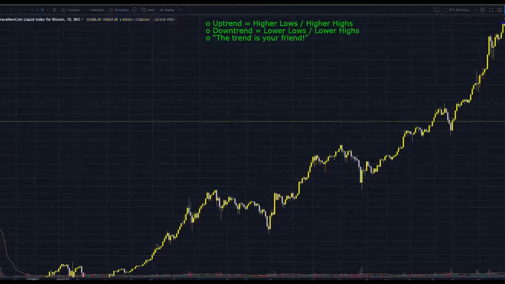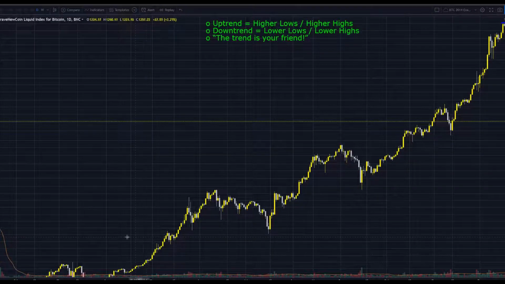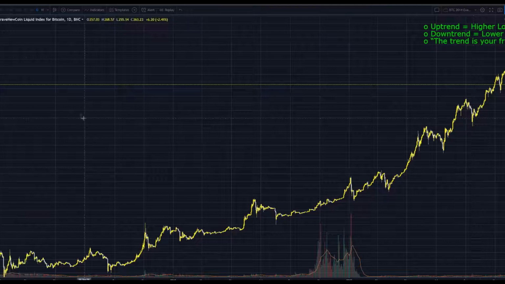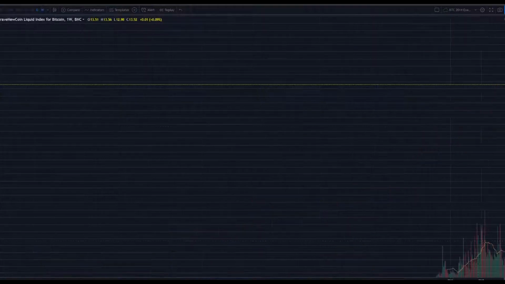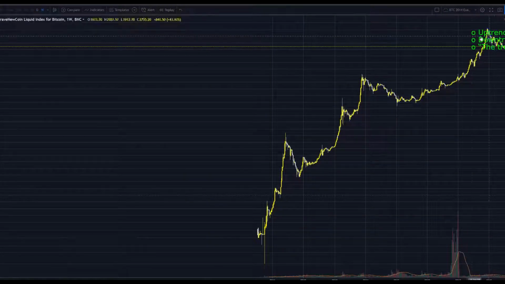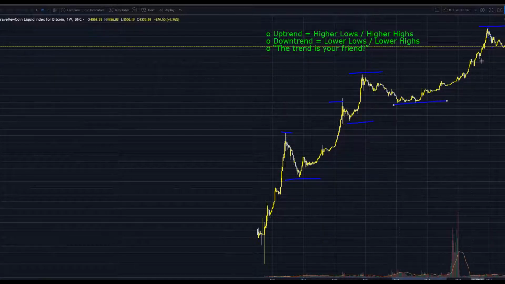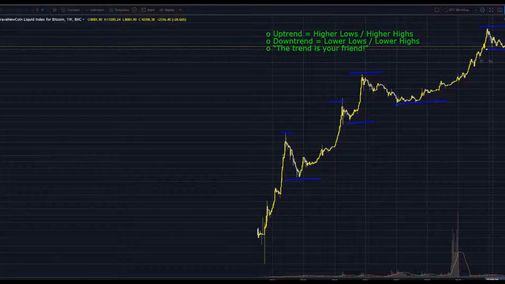As you can see by Bitcoin USD here, if we look at the weekly, this coin is in a long-term bull market. It is in a long-term uptrend, right? This asset is making nothing but higher highs and higher lows since its inception. Now, it's possible at some point that this stops.